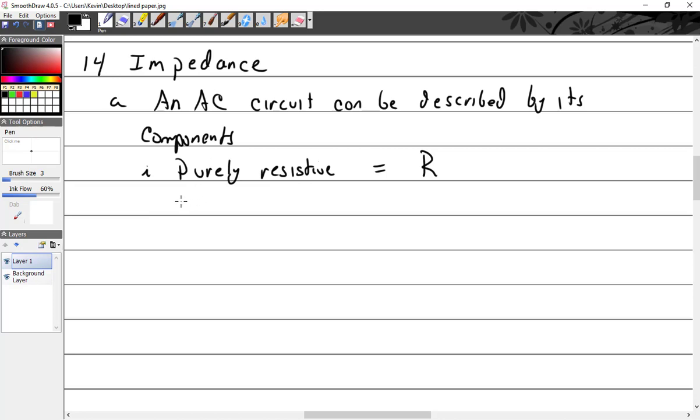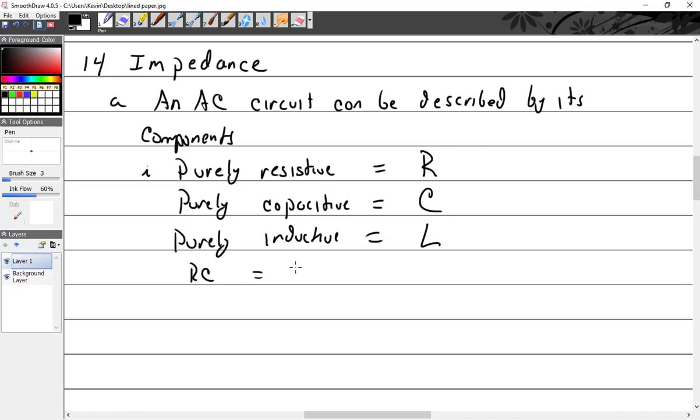If it is purely capacitive, that means it only has capacitors, then we just say it's a C-type circuit. If it's purely inductive, then it means it only has inductors, then it's L. So if we combine that, we could say, well, if it's an RC circuit, then it must have resistors and capacitors.